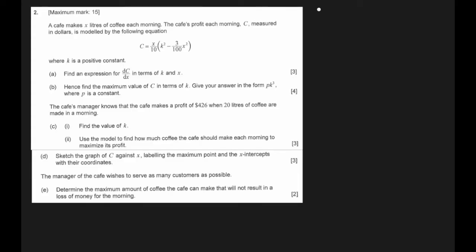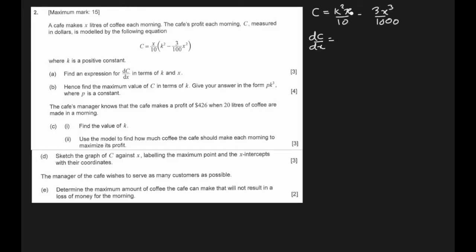Let's do it. Let me write it first. Can I open the bracket to make it easy for me to differentiate this? So it will become K squared x over 10 minus 3x cubed over 1000. So I opened up this bracket. Now I will differentiate dC over dx. This is what they want us to find out.